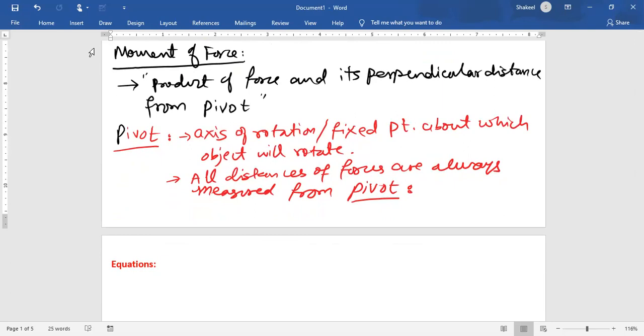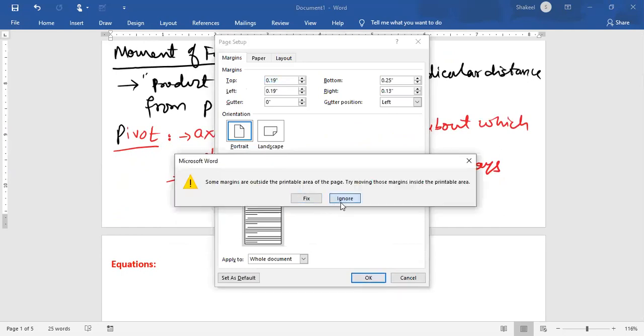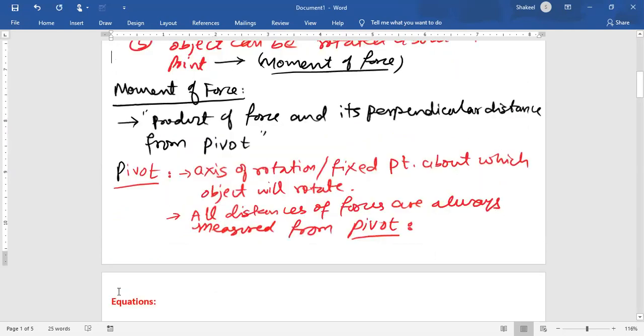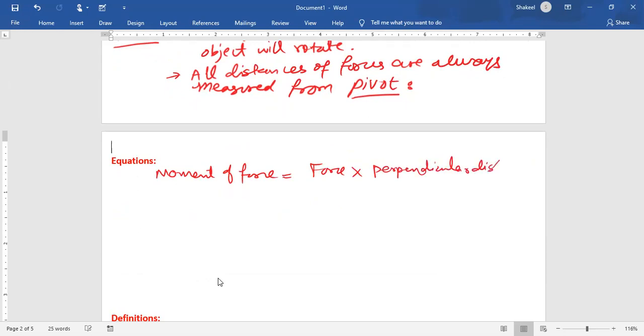Moving forward, we have to look at the basic equation of the moment of force. The equation is: moment of force equals force times perpendicular distance from pivot.